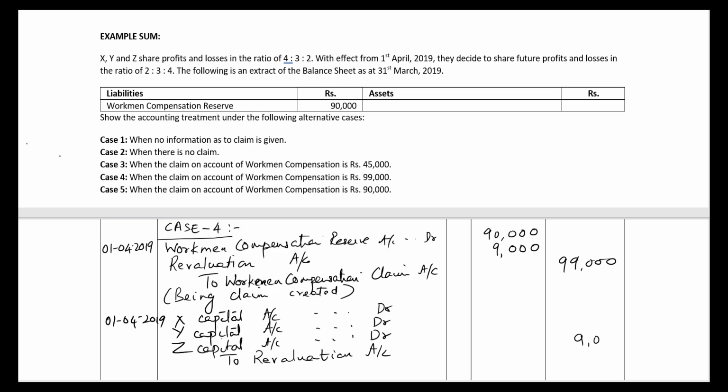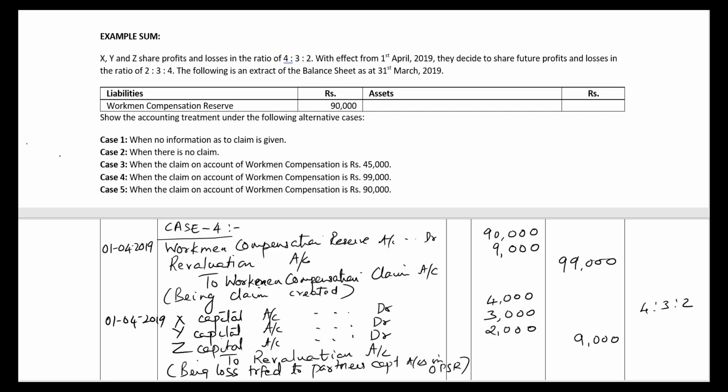The loss on revaluation, 9,000 rupees, will be divided in OPSR 4:3:2. So X is debited with 4,000, Y is debited with 3,000 rupees, and Z is debited with 2,000 rupees, being loss transferred to partners' capital accounts in OPSR.